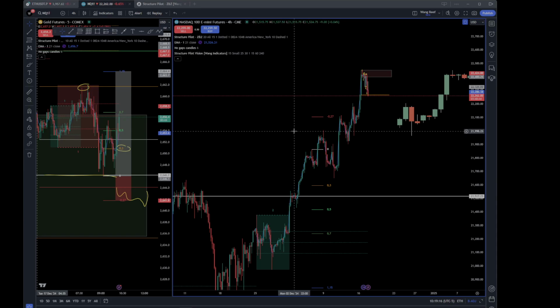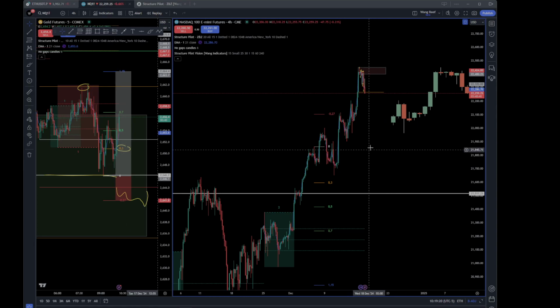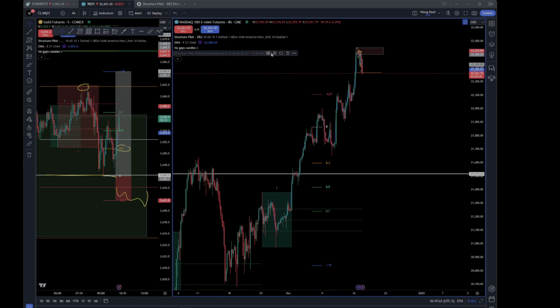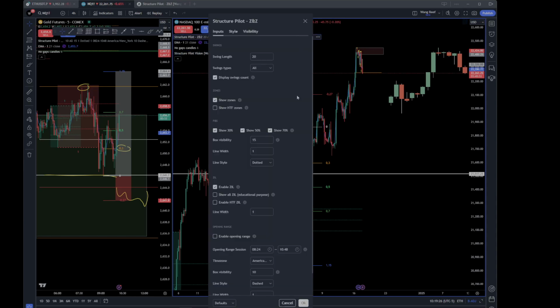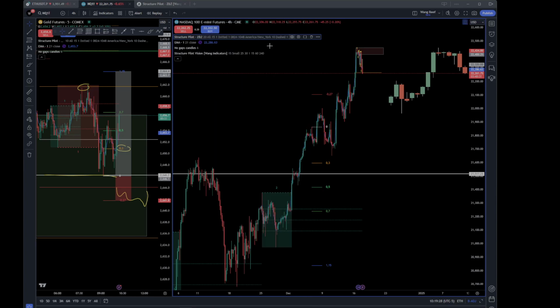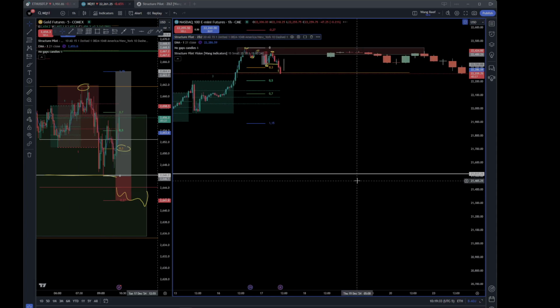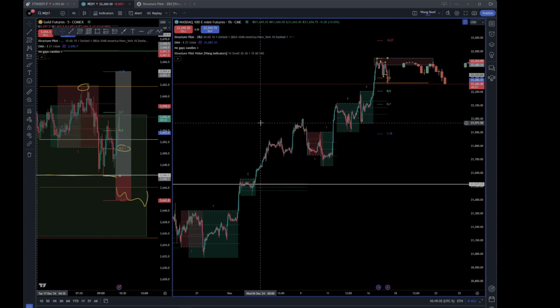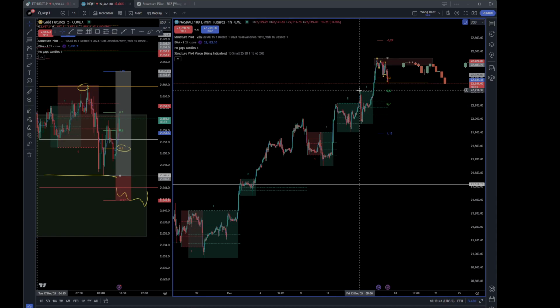Let's see. Okay, show on the 1 hour. So we know that this down move didn't happen without this high, that put this low, that put that high, that put that low.